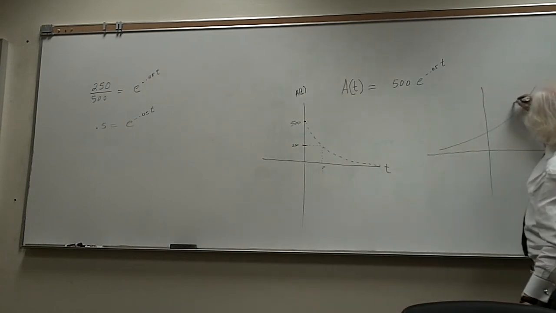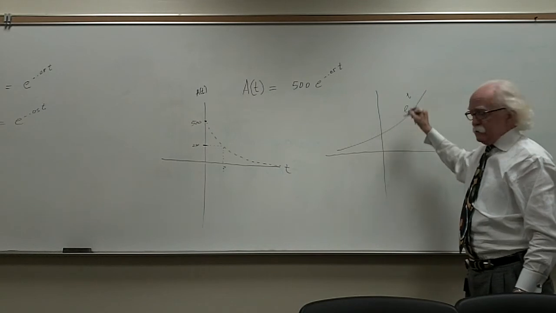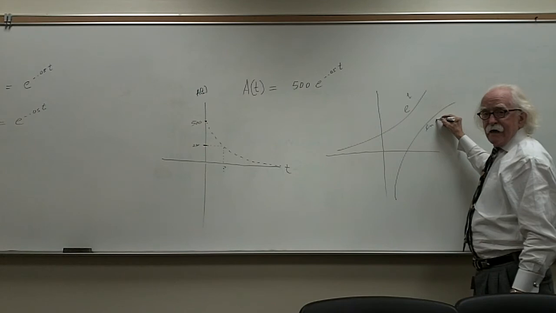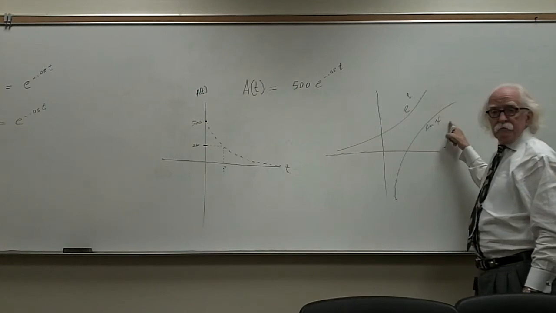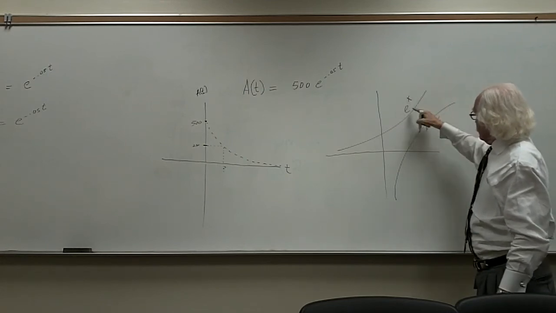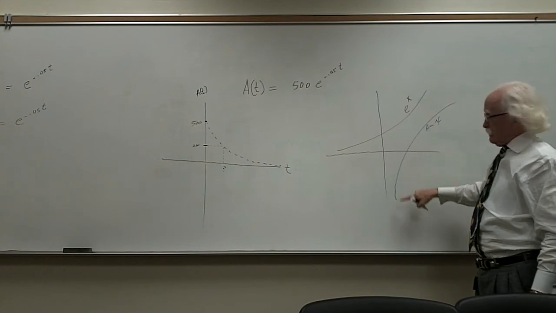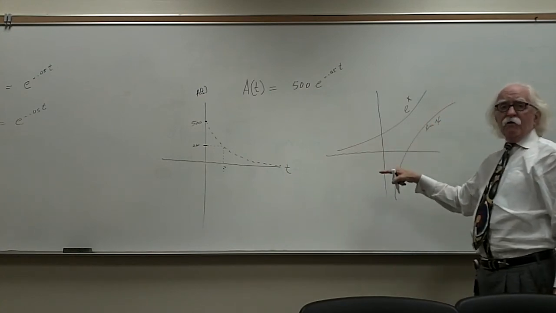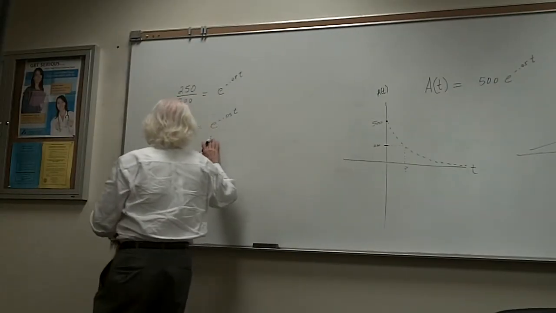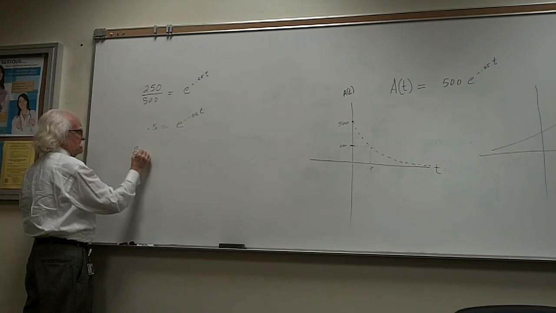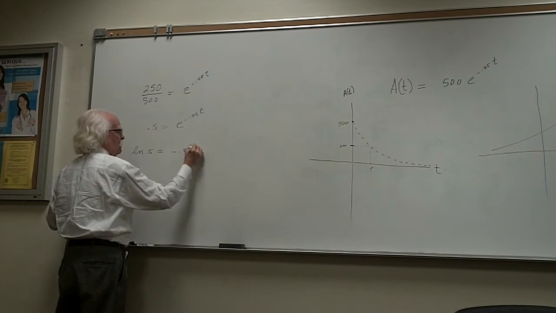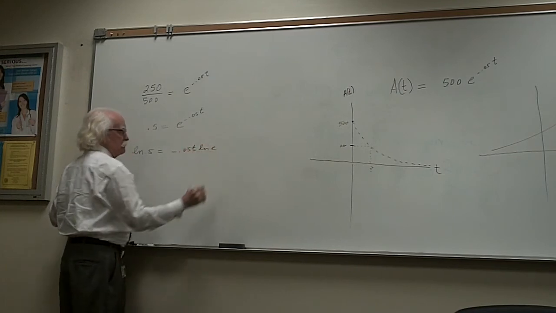We had e to the x, and this was ln x. So they're inverses of each other. And because of that, we can use the inverse to solve this problem. So that means you have to do this to both sides.